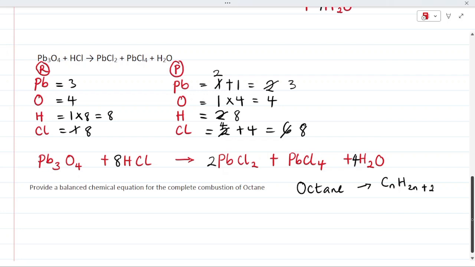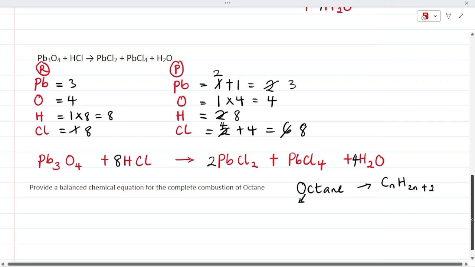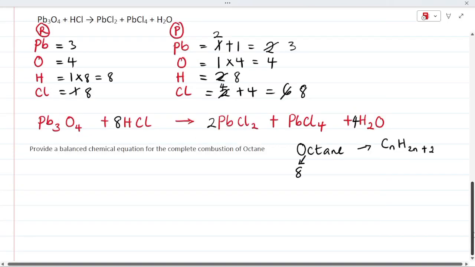So this is how you derive your answers. Your question first before your answers. Octane comes from the alkane series and their general formula is CnH2n plus 2. And you already know from the word oct, that means 8. Like we have octagon, nonagon, decagon, and so on.